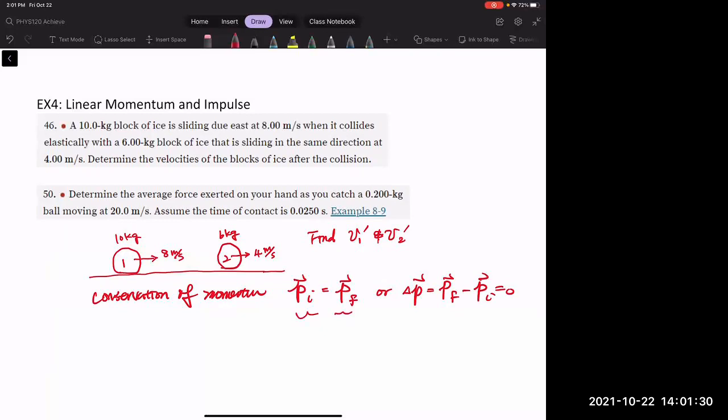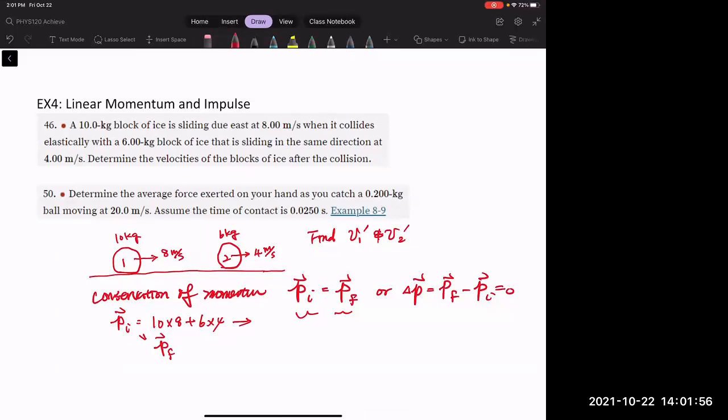Okay, so that's how you use the conservation law. The initial momentum is 10 times 8 plus 6 times 4, direction to the right. That's initial, so my final should also be equal to this number.